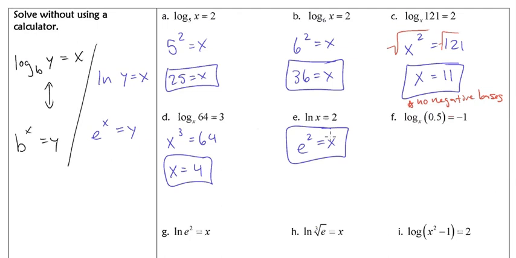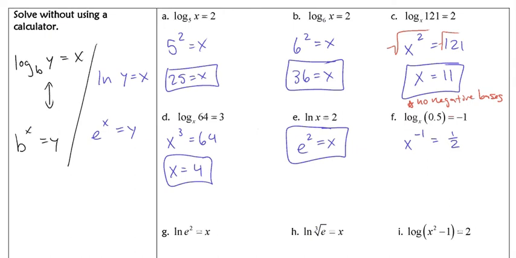All right. And then log base x of 0.5 equals negative 1, so x to the negative 1 power is equal to 0.5, or 1/2. Might be an easier way to think of this one here. Now, we want x to be to the positive power.